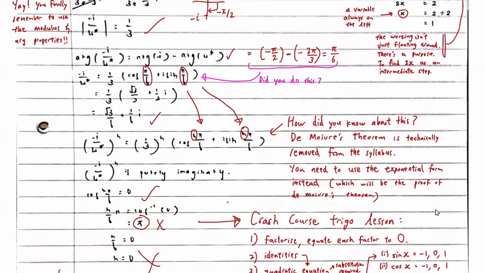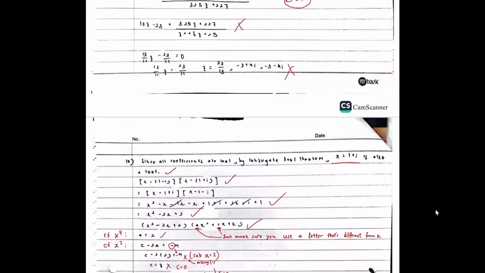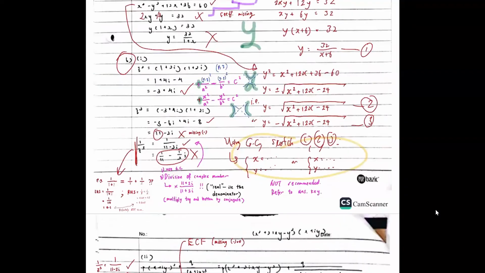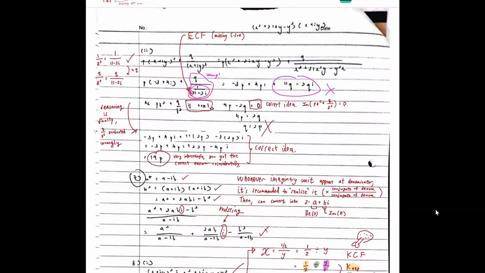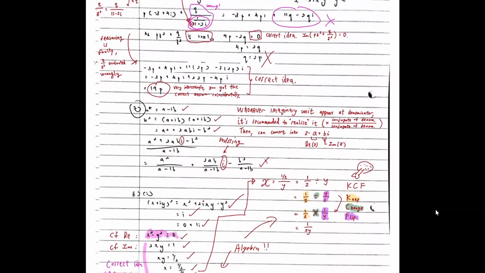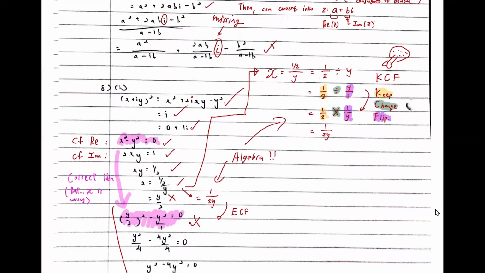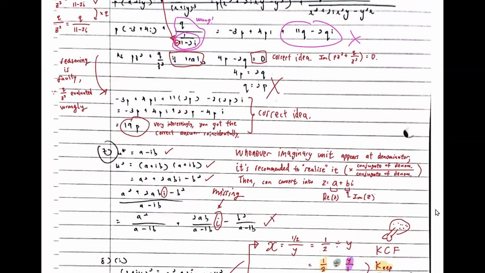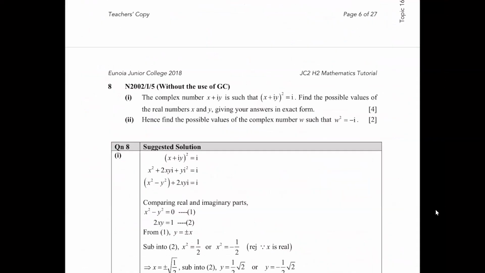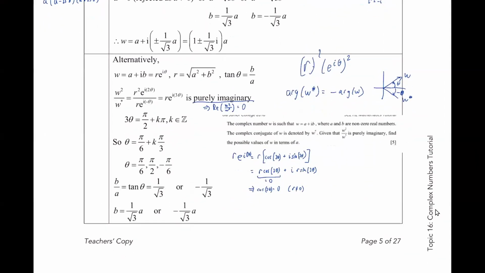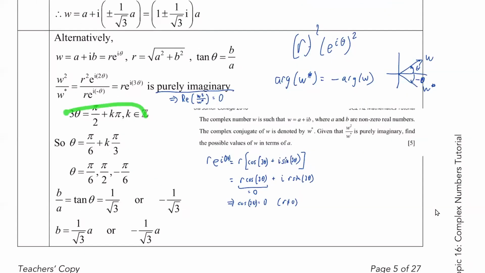Oh no, I forgot. Question 7. 7 done already. Question 8. Or is it 7? Let me think. Did we go through question 7? Incomplete. Yes, we stop here.